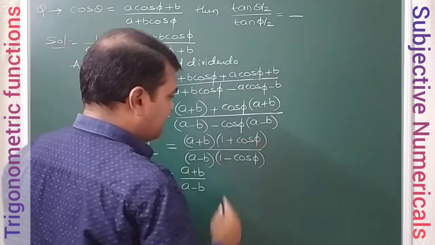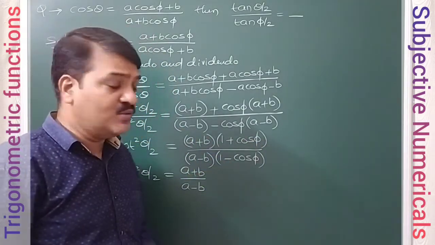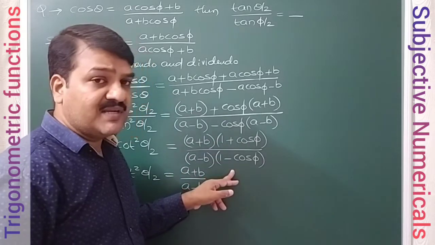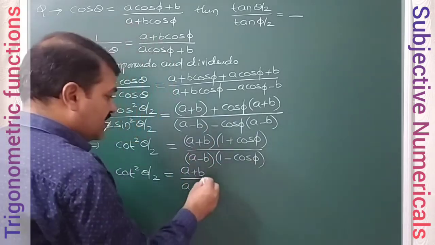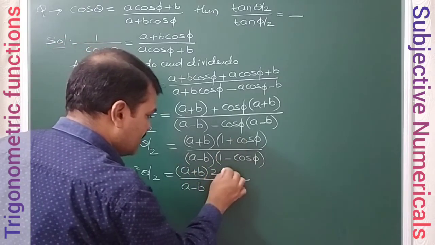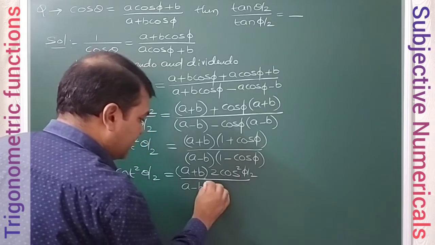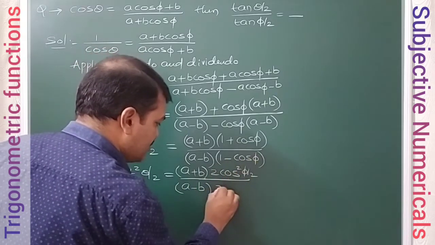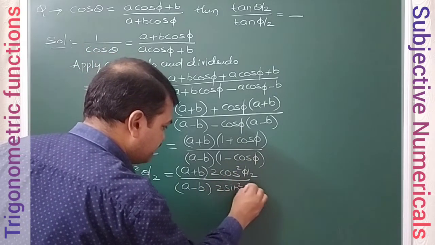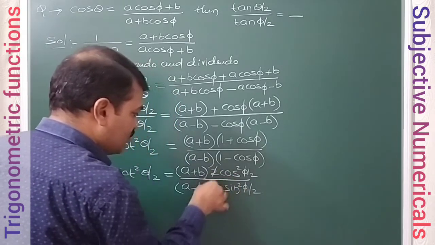1 plus cos phi, 2 cos square phi by 2, sin square phi by 2, cot square phi by 2 we will get directly, you can remember. Of course I will write the step also. So this is 2 cos square phi by 2, and denominator this is 2 sin square phi by 2. So these 2 I can cancel.